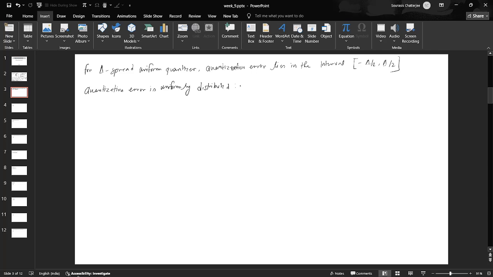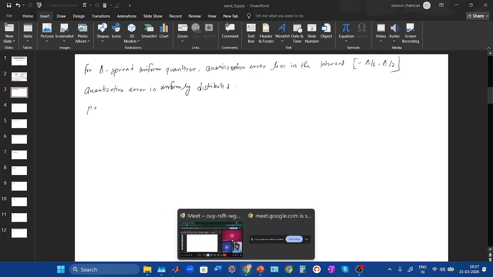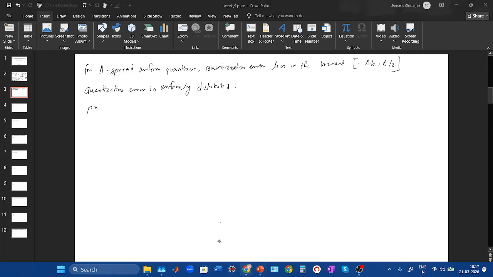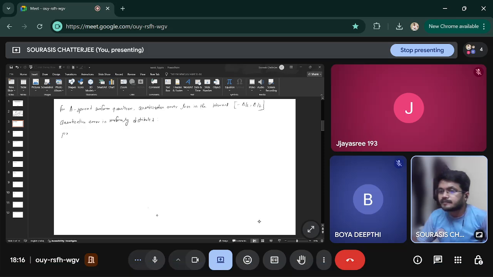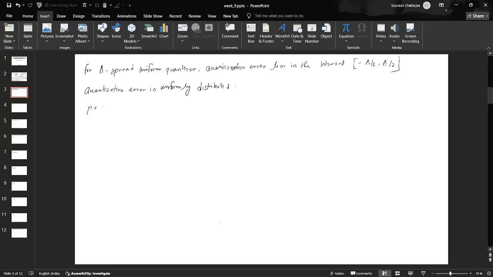So that means if I plot the probability density function, that would look like this.